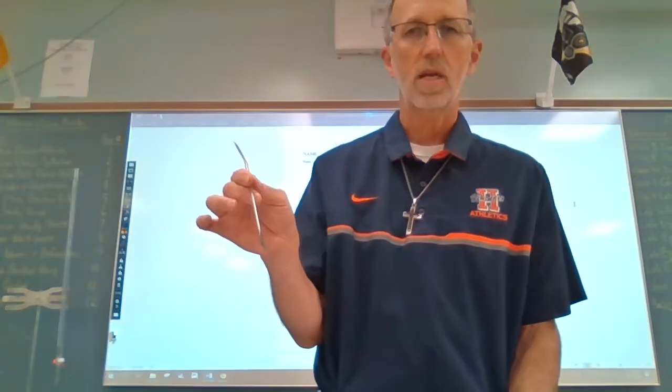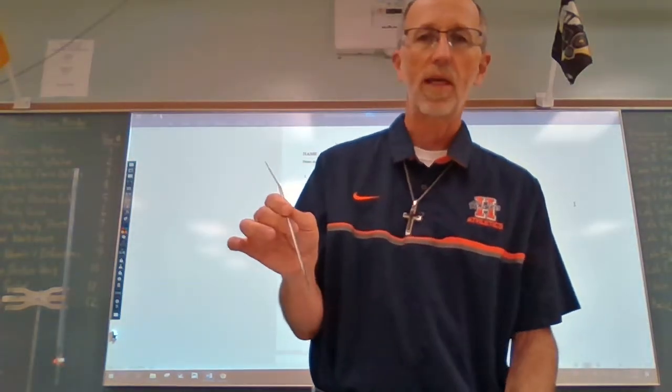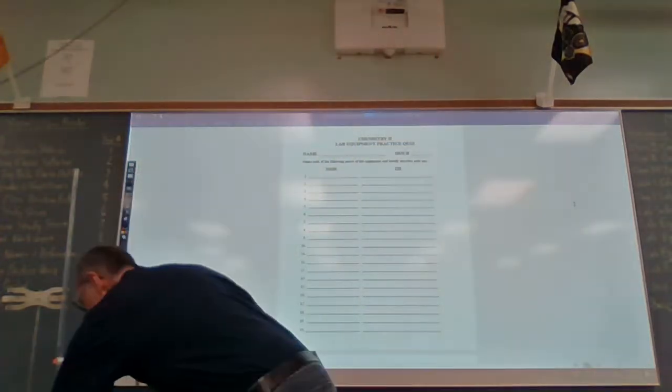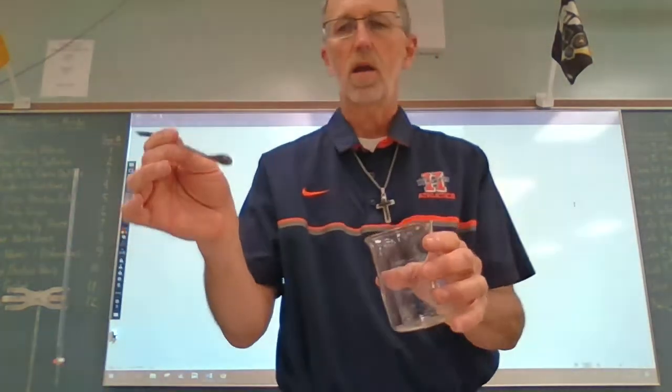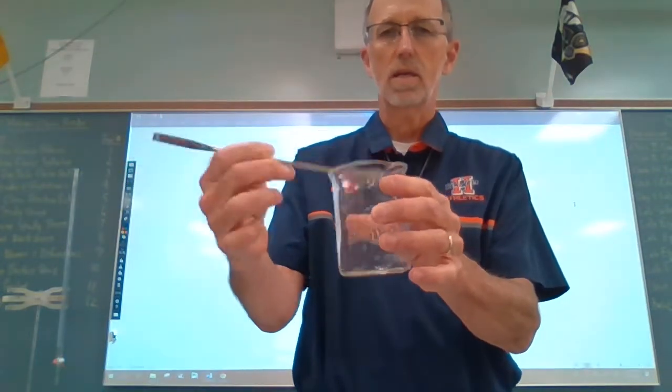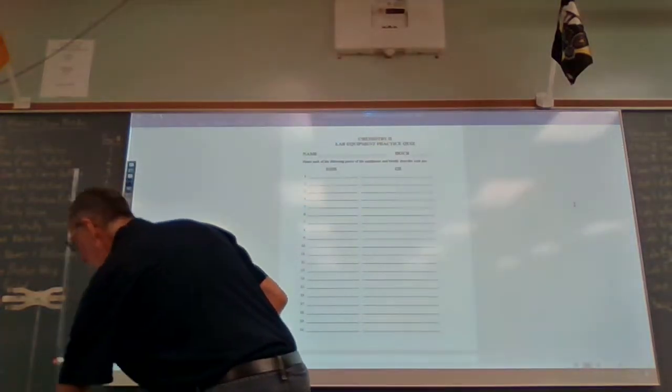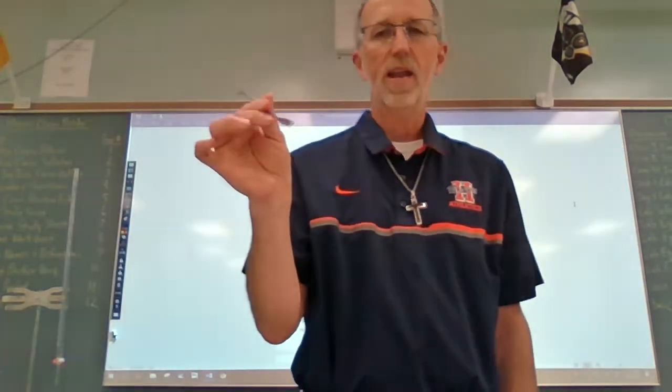All right, you can transfer more chemical that way. Like if I was going to spoon something into a beaker, I could just scoop that into the chemical and so on and so forth, and there you go. So what's the narrow end for?